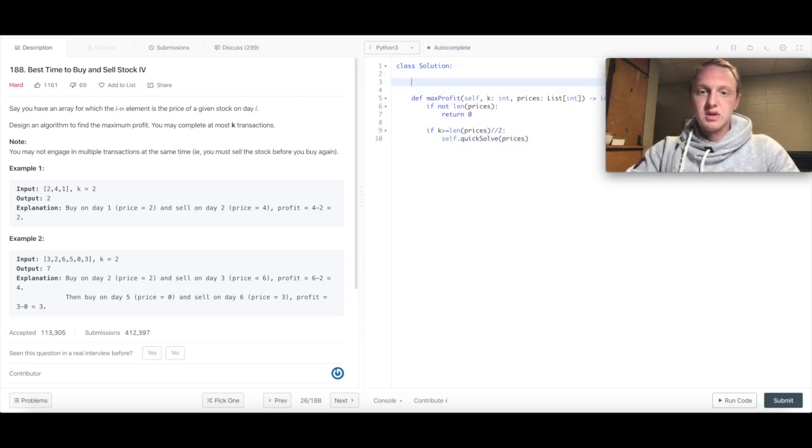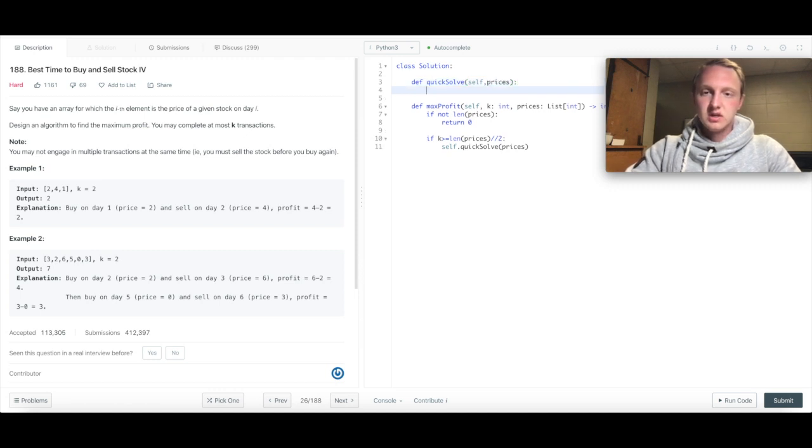it's a really good habit to be able to define new methods and modularize your code. Your interviewer is going to really appreciate that. Def quick solve self, prices.